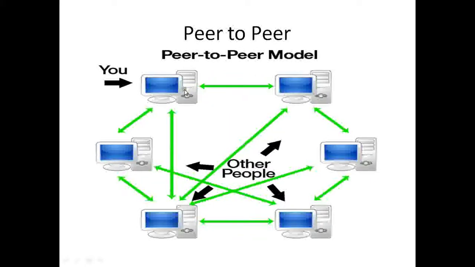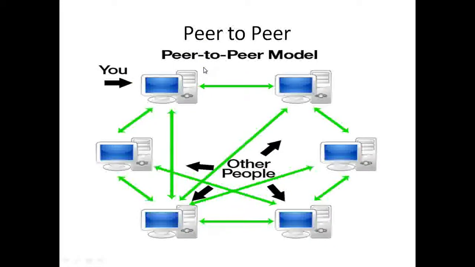In this case, you are acting as a client. If you are asking for information from any computer in a network, and any computer in the network, if they have the information, responds back to you, they are acting as a server. Imagine if they are actually doing it vice versa. If they're asking you for information and you respond back with the information to the other clients, they are acting as a client in this case, and you will be acting as a server.